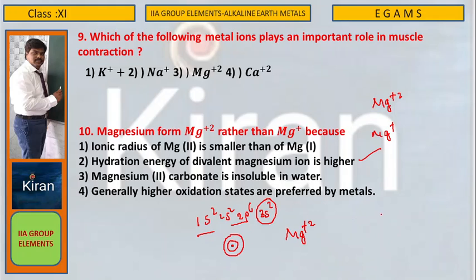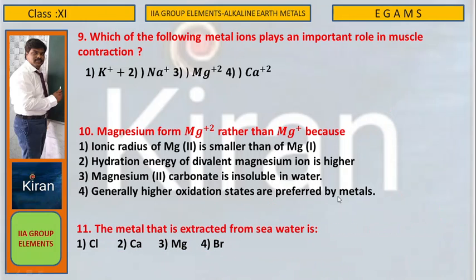When coming to the Mg+ ion, the configuration is 1s2, 2s2, 2p6, 3s1. This ion has three shells. Hence, which has the least atomic size? Lower atomic size always has higher hydration energy. Hence, the second option is the right answer.